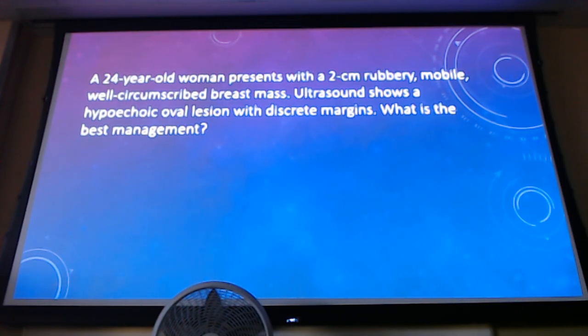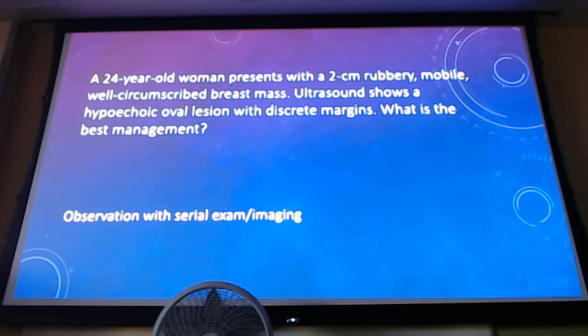Check back in 8 to 12 weeks. So, one 2-centimeter mass, little rubbery jelly bean. You're going to observe with serial imaging.